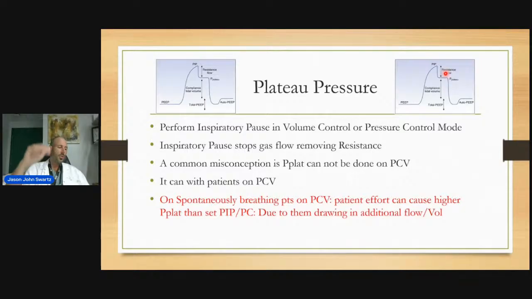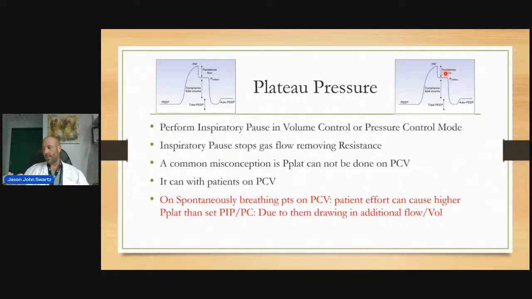So you get more of a drop there because there's usually more flow, and it's not decelerating. But in AC/PC, you can attempt an inspiratory pause, and you will get a dip, especially in patients that are allowing themselves to be ventilated. So it can be done on pressure control.